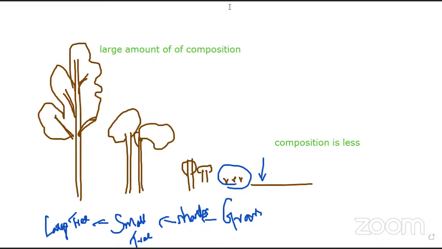Just imagine comparison between this part and this part. Here it is very less, here it will increase gradually, the composition will increase. That is very, very important, my dear students.